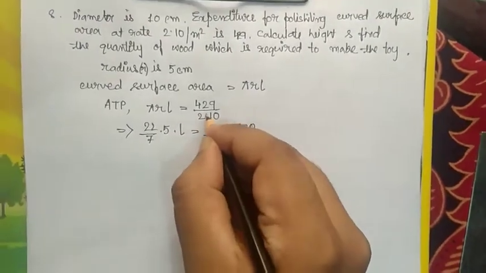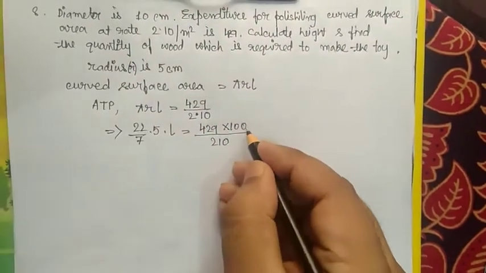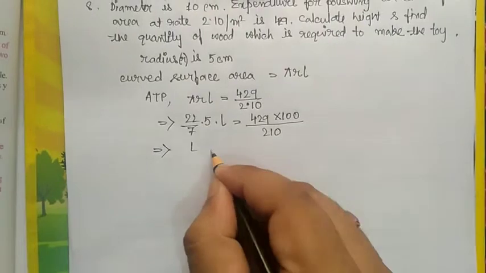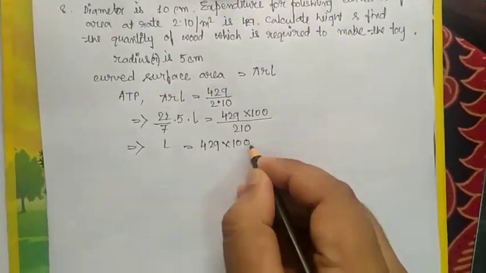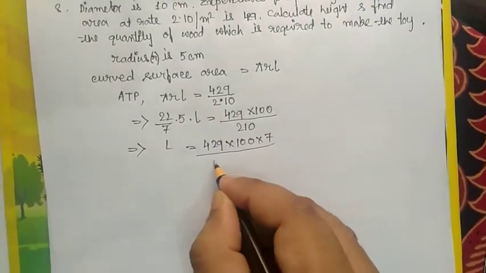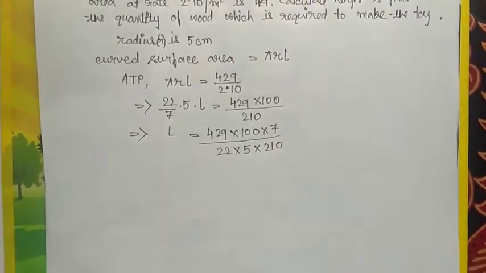For this, two decimals, here I have to multiply it by 100. So therefore l equal to 429 into 100 into 7 by 22 into 5 into 210.